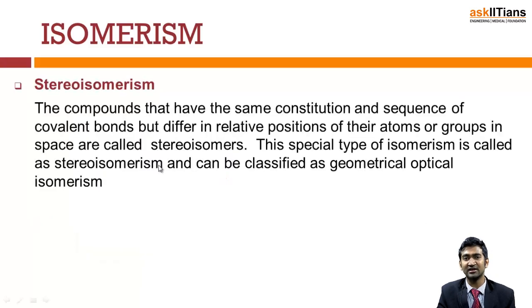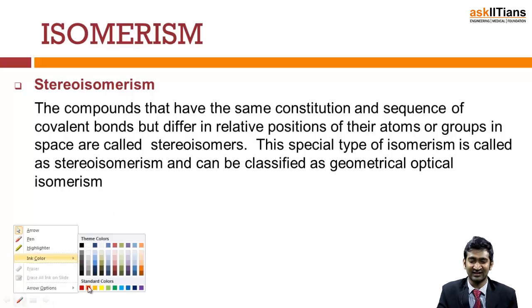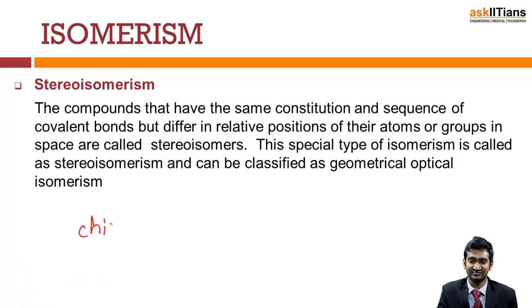Next comes the stereoisomers. Now stereoisomers are a very, very interesting topic. Most of the students like stereoisomers a lot because of the presence of something which is known as a chiral center. By chiral center, what do you mean? I mean a carbon atom which is unsymmetrical.